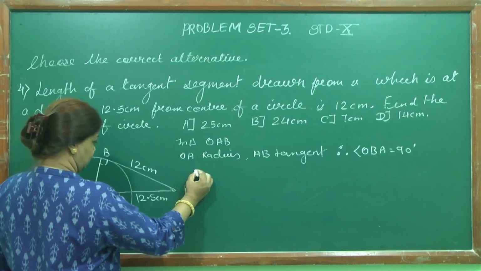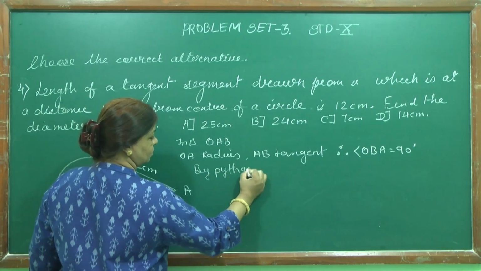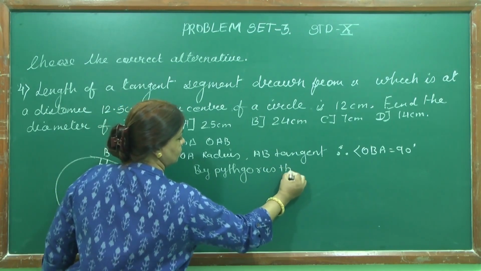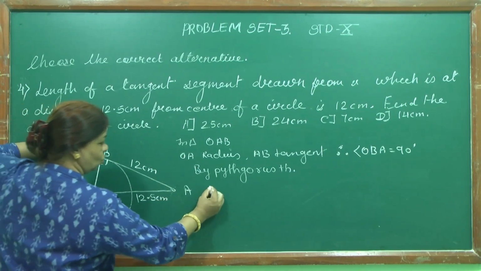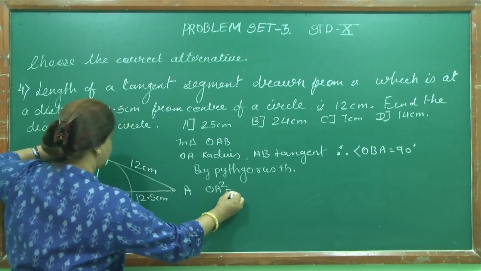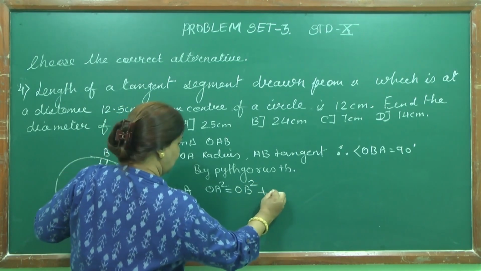So see here, by the Pythagoras theorem, this is the hypotenuse, children. So OA square is equal to OB square plus AB square.